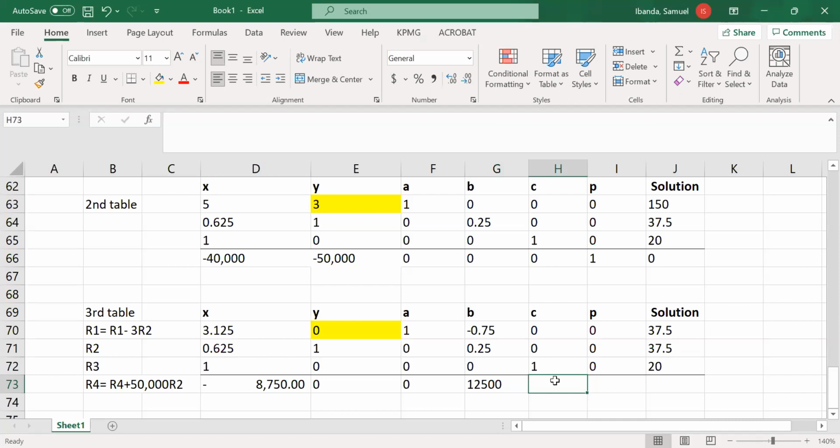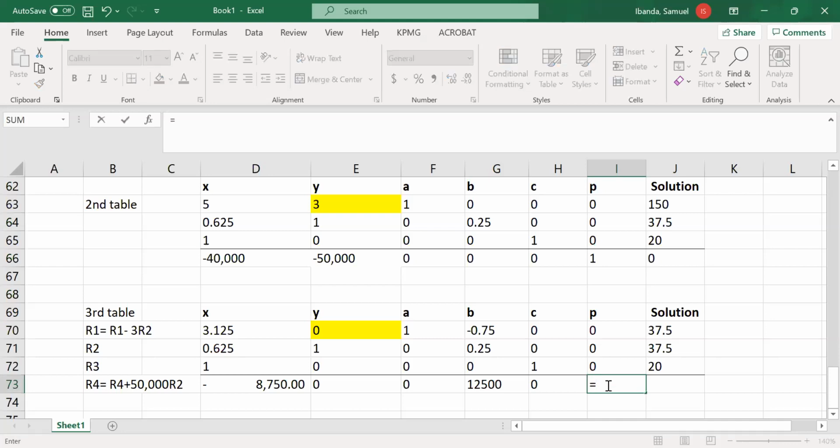And then the next one is, we have a 0 here. We also have a 0 here. So ideally here, this will also be a 0. Same story, not same story here, no. Here, remember we have 1 plus 50,000 times 0.